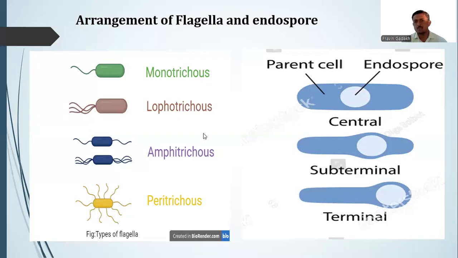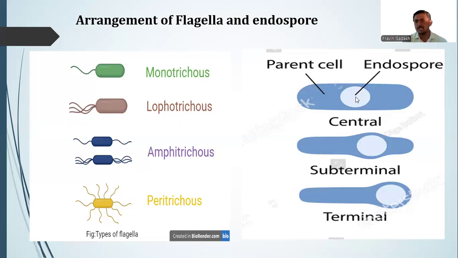Now we'll talk about the pattern of endospore, or the spore arrangement of bacterial cells. All bacteria are not spore formers, but when we find spore forming bacteria, they also follow a proper arrangement with respect to the endospore pattern. The parent cell is shown in blue, and at the center there is a spore.